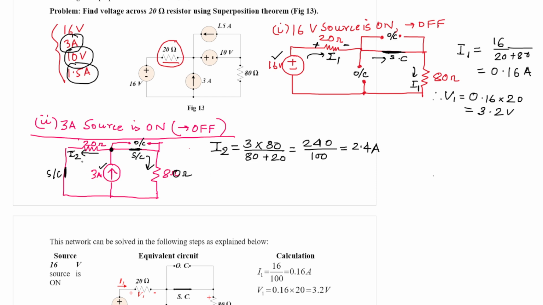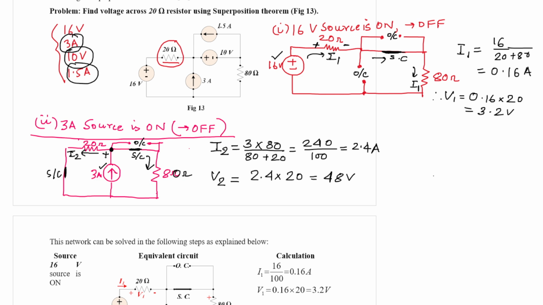So if current flowing through the 20 ohm resistance is 2.4 ampere, what will be the voltage drop? That is V2. The V2 will be 2.4 into 20, that is equal to 48 volt. Now what should be the polarity? For the 3 ampere case, the polarity should be like this.